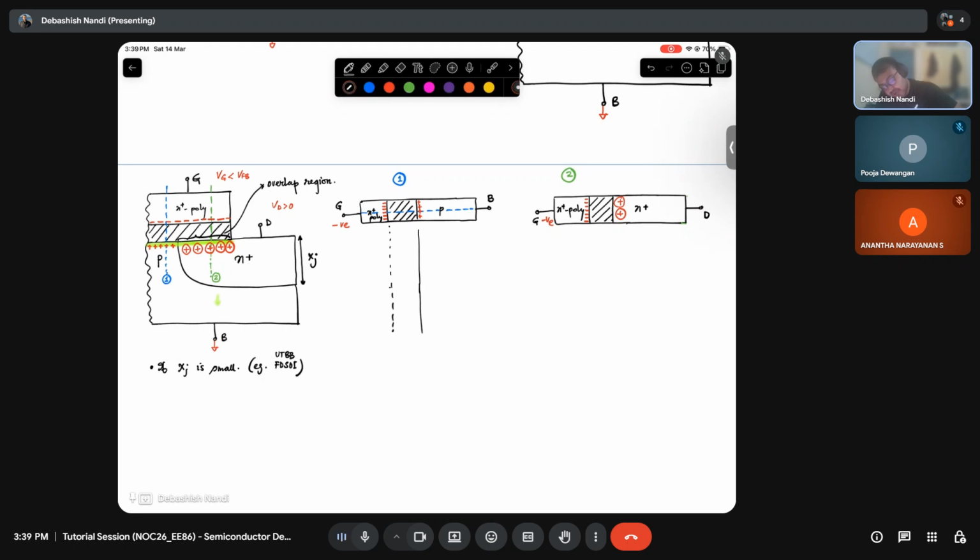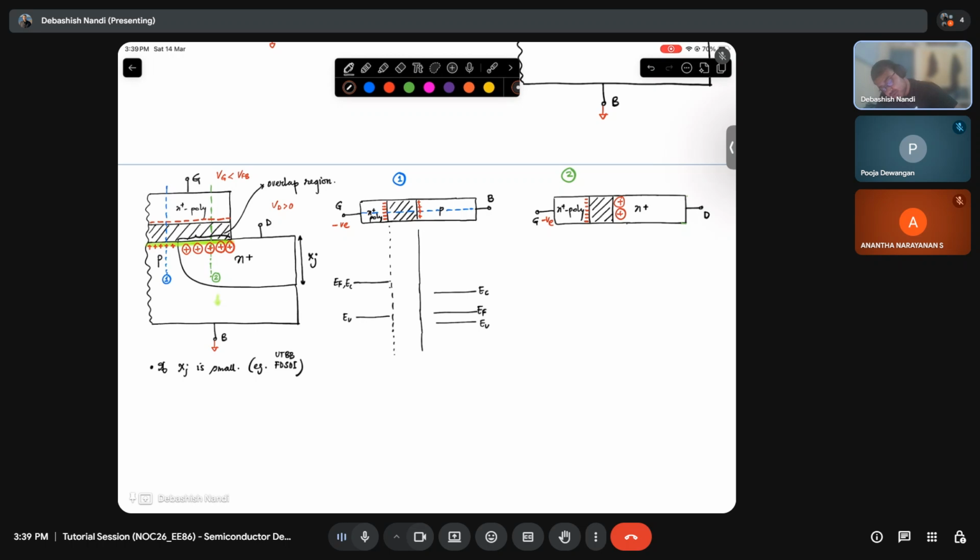So you have a negative potential applied. EF in this region will be higher than EF in this region. This is your EV, and somewhere here is your EC. This is also your EC, and somewhere here you will have your EV.